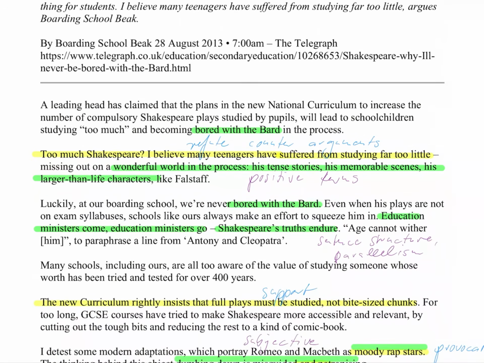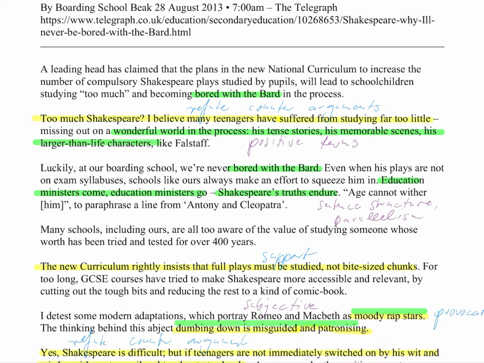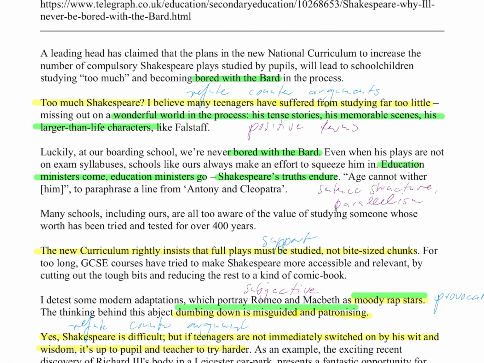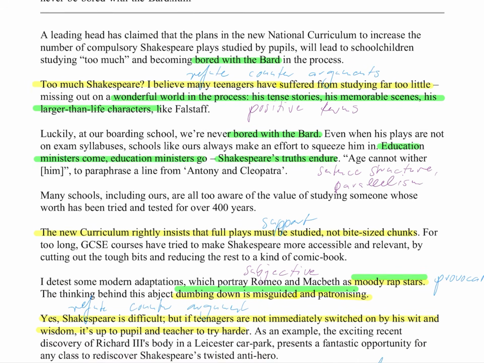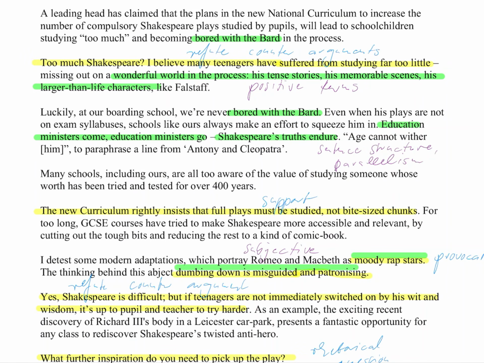Furthermore, down here what we have is use of language in the sense that he uses very positive terms to describe Shakespeare: wonderful world, his 10 stories, memorable scenes, his larger-than-life characters, so clearly to portray what is good about Shakespeare. Down here we have the sentence: education ministers come, education ministers go, Shakespeare's truths endure.